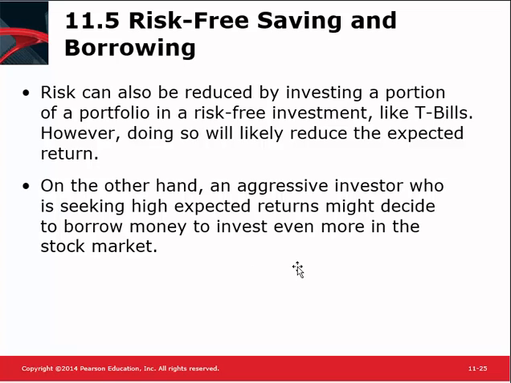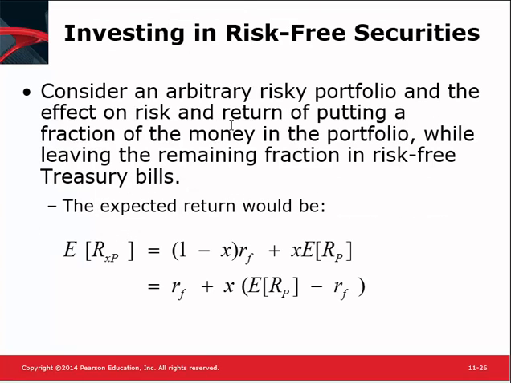So what we want to do is try to figure out, well, how do you know what kind of asset you would like to buy? So if we took an arbitrary kind of investment, a risky portfolio, we could calculate its expected return. So the expected return on a risky portfolio, right?